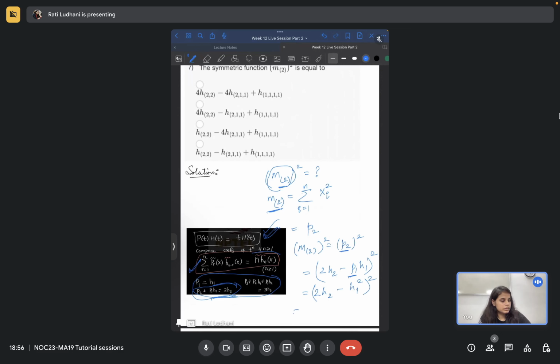Now we can expand it. So we get 4 H2 square plus H1 raised to power 4 minus 2 into 2, so 4 H1 square H2. Now we can always write it in the form of partitions.